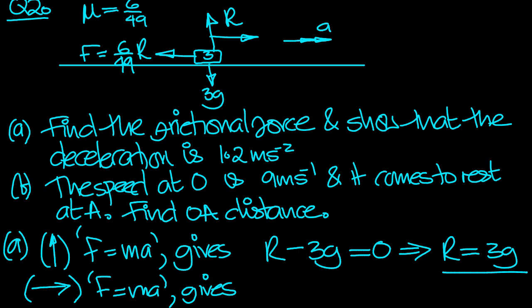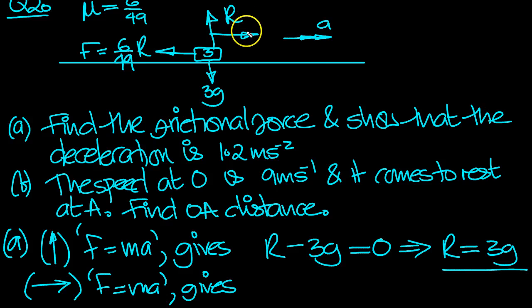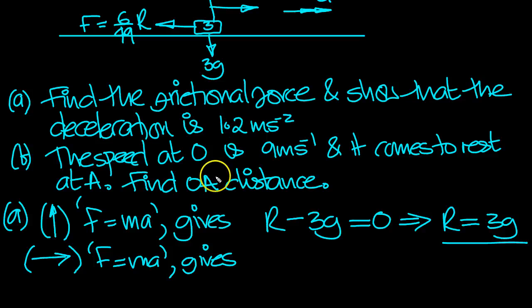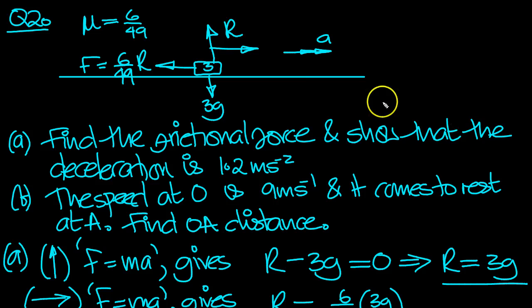So let's have a look at this. We've got R minus F, which is mu R, isn't it? So R is the forwards force minus mu R, 6/49 times the value of R, which is 3g. Oh, that's the upward force.